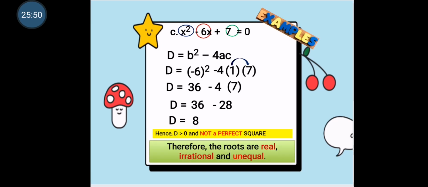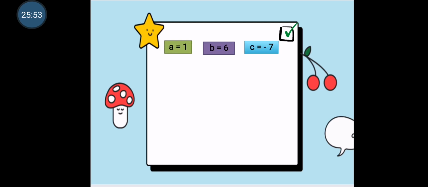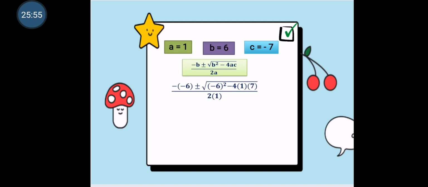Now, let's substitute it to the quadratic equation. So, ayun po. So, negative times negative 6. Negative 6 raised to 2. 4 times 1 times 7 over 2 times the value of A. Evaluate natin. So, magiging positive 6 plus minus square root of positive 36 minus 4 times 1 times 7 is positive 7 over 2 times 1 is 2.